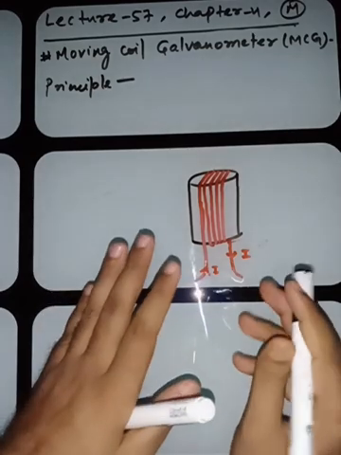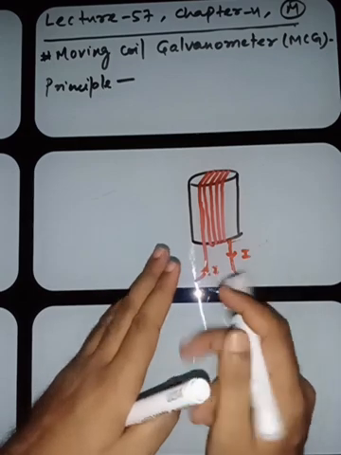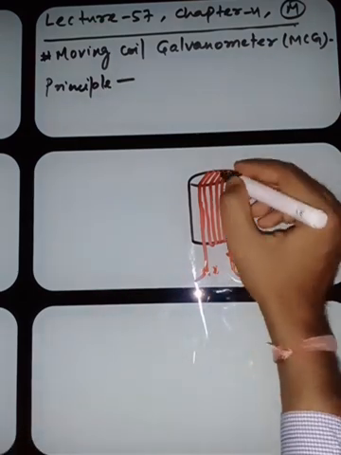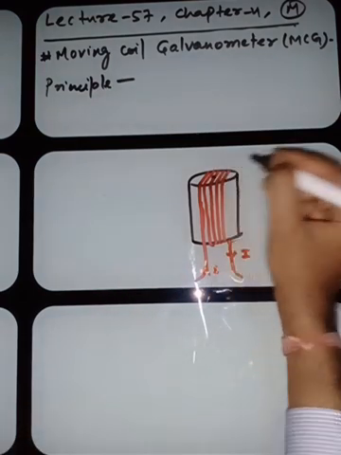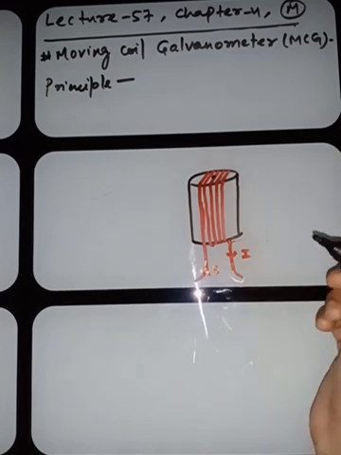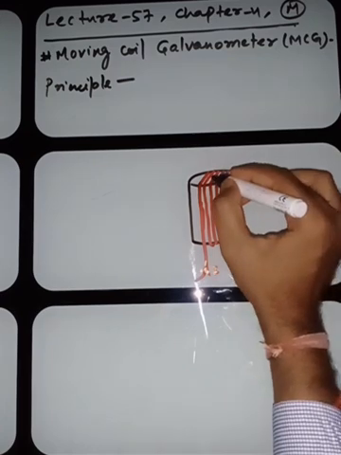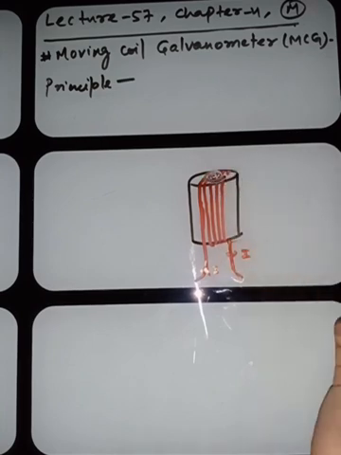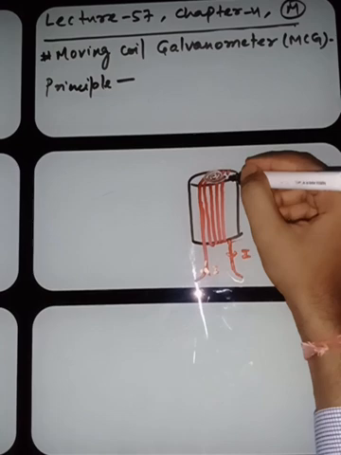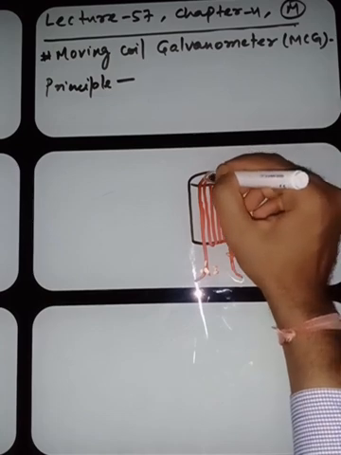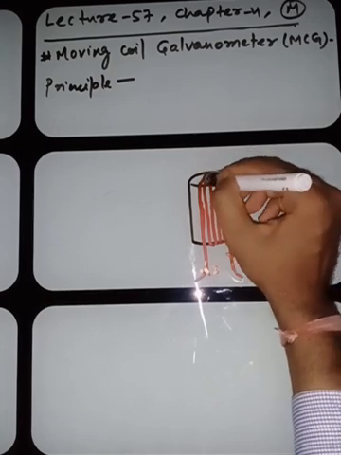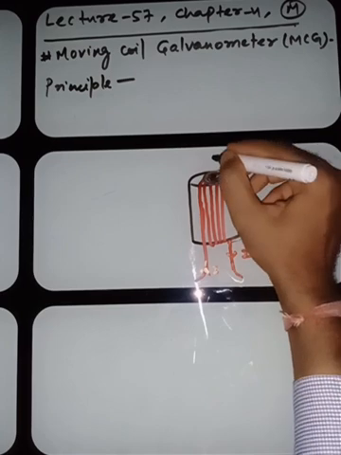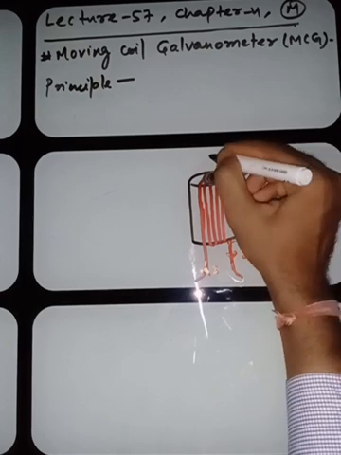Now, this entire setup consists of a spring over here. A center tapped spring is connected. This one is a spring, and this spring is connected over here, and this spring carries a pointer.